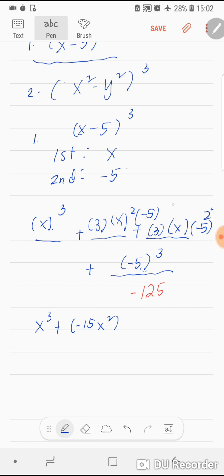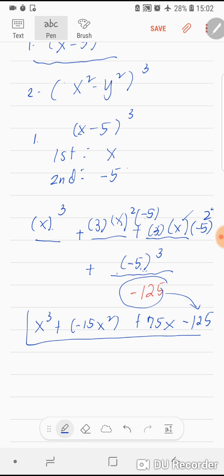So 25 times 3 would be 75, times x, so 75x. Then negative 5 cubed would be negative 125. Even before starting this, you need to at least solve it first so you would understand.